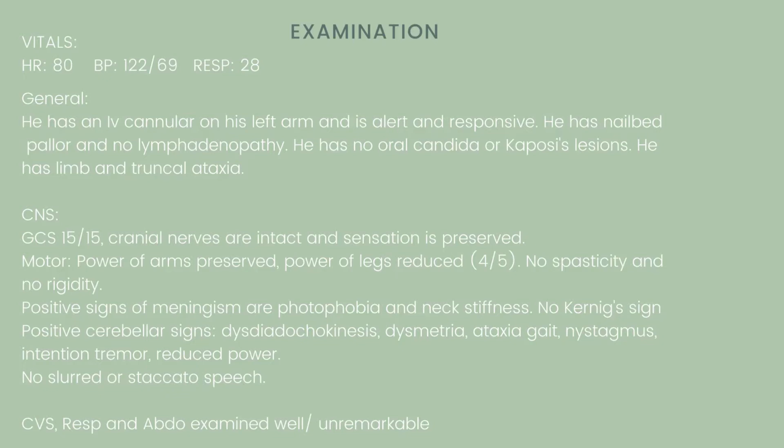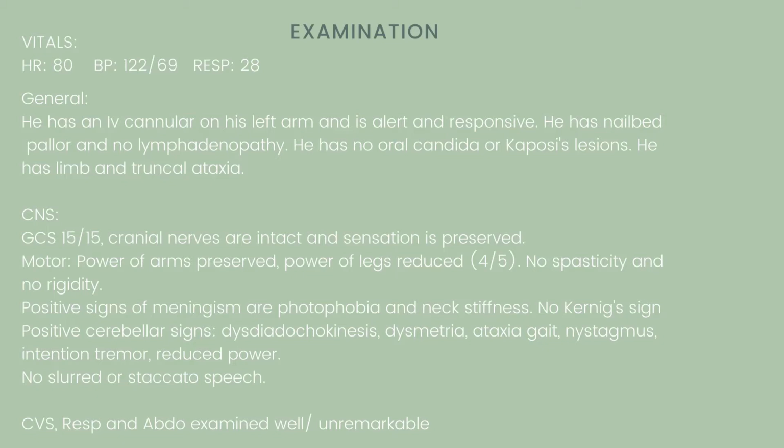The positive cerebellar signs are dysdiadochokinesia, dysmetria, ataxic gait, nystagmus, intention tremor, and reduced power. There is no slurred or staccato speech. The CVS, respiratory, and abdominal examinations were unremarkable.